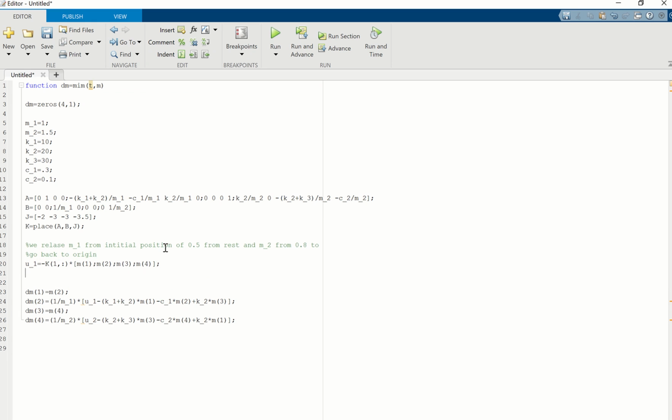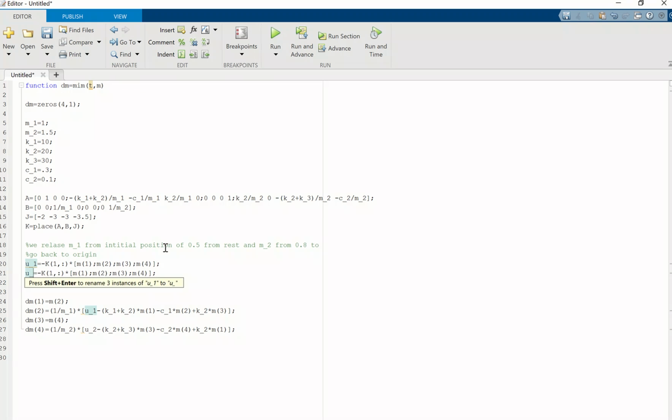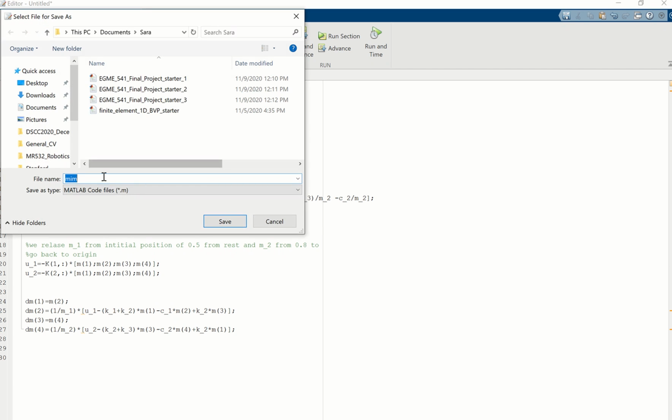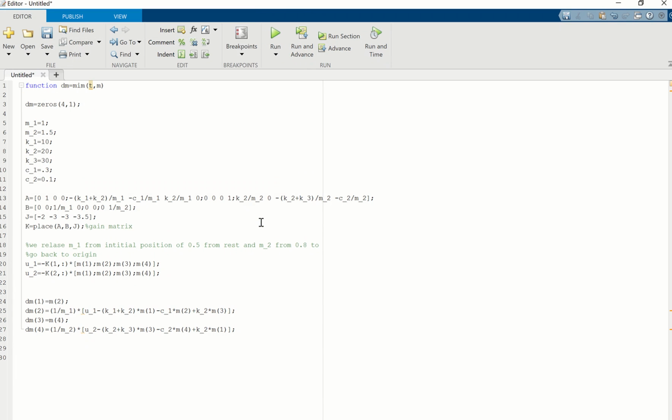And u2 is gonna be the second row on all the columns of the K gain matrix. Understand? Okay.